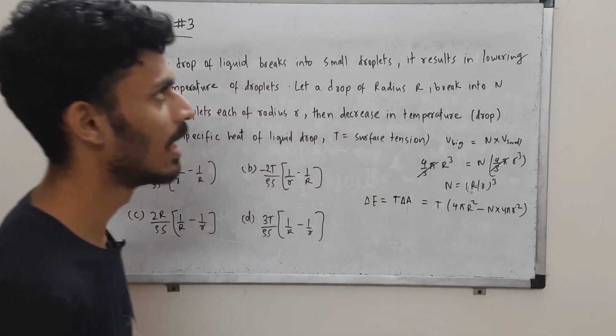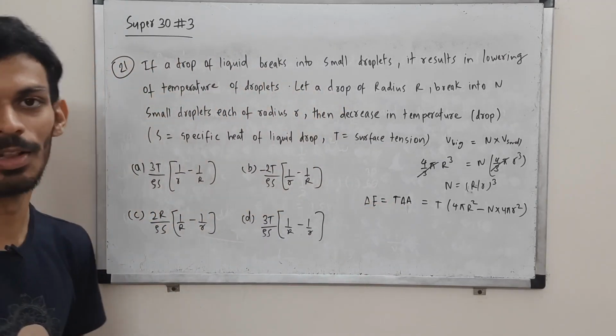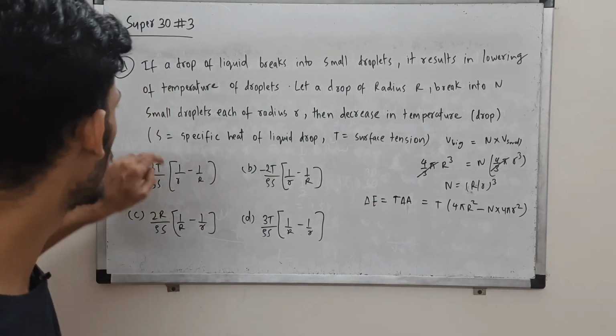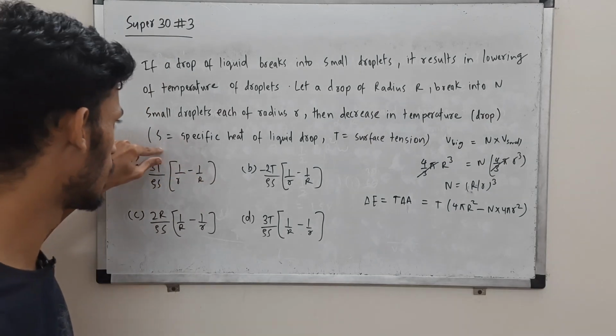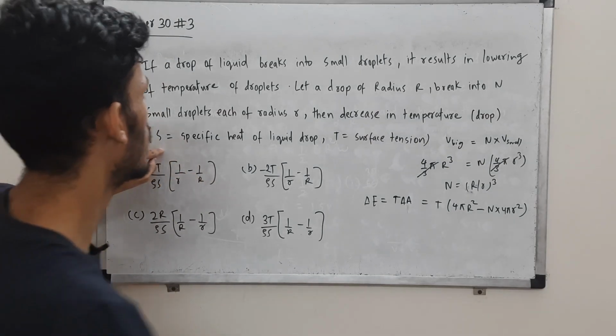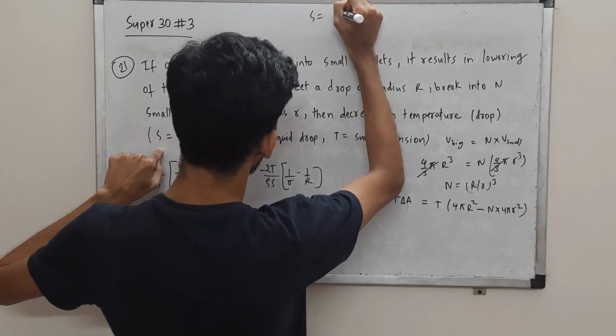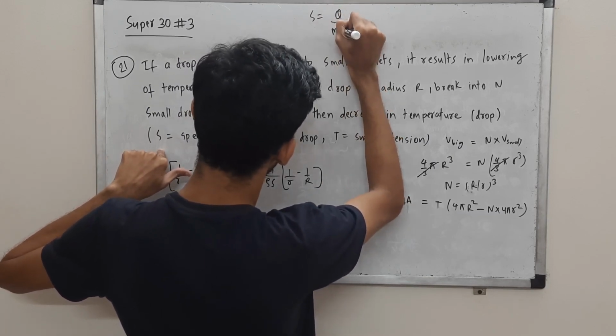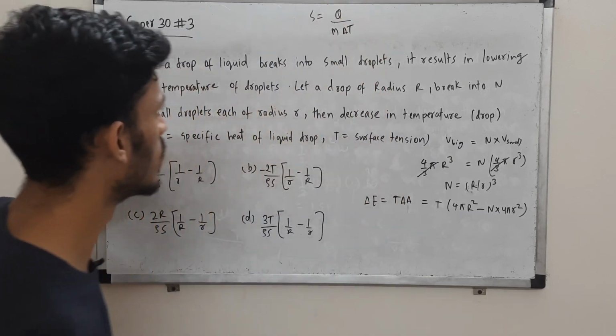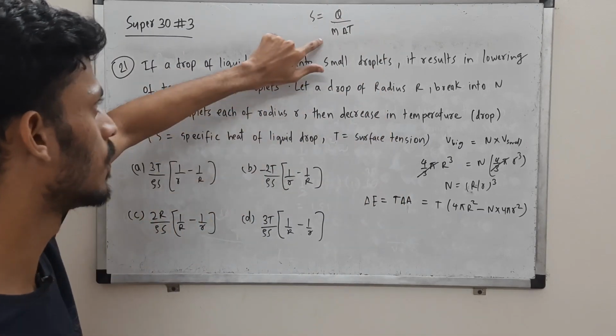Now this energy is the energy that results in lowering of temperature. Now you can use the formula for specific heat. This was the actual hint, that you are supposed to use the specific heat formula. Specific heat is basically the heat required to change unit temperature for some amount of substance.